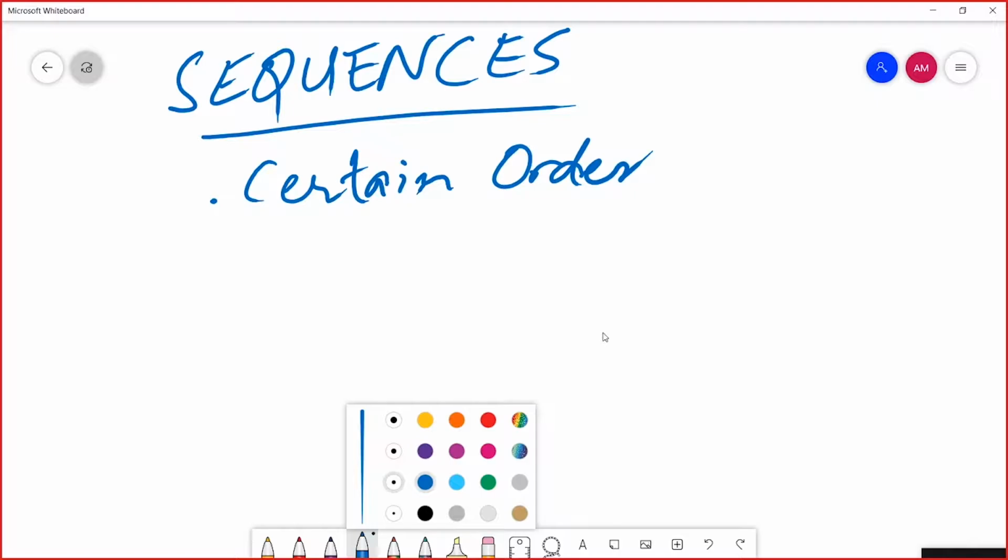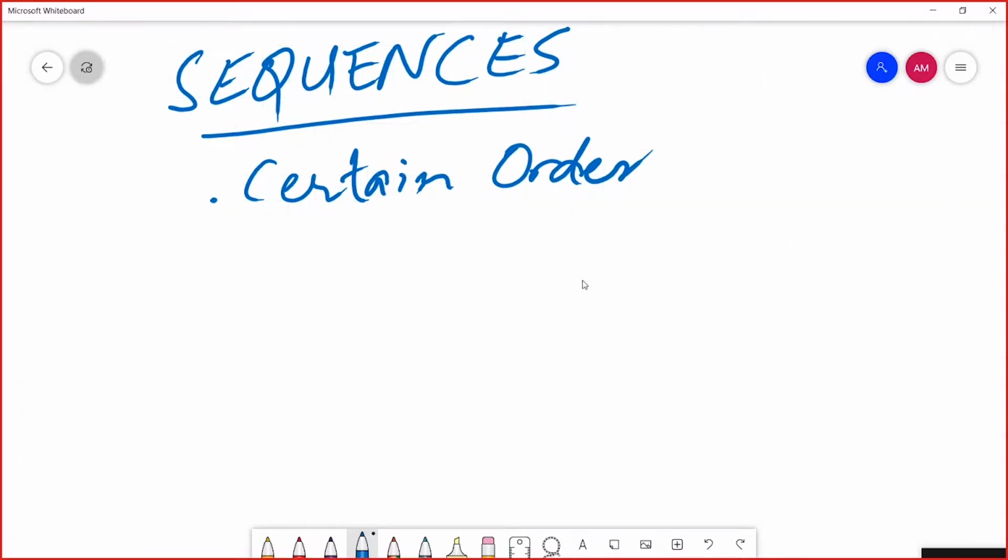So a sequence is a set of items belonging in certain order as per some rule. So it has to have some rule, like a function. But the interesting thing is that it gives you the terms in the sequence.